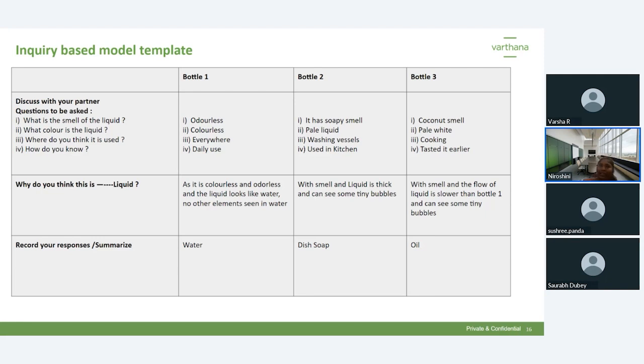For science, and the inquiry-based model can be used for mathematics also, when we are dealing with problems. If we think that a problem has multiple solutions, or it can be a topic that can involve research and discussion, then obviously we can design the same pattern for mathematics as well. So this is a simple example for the inquiry-based model.